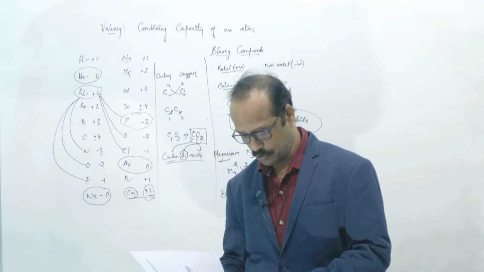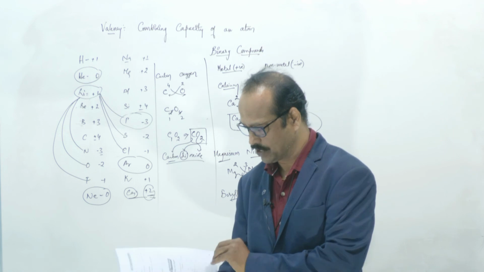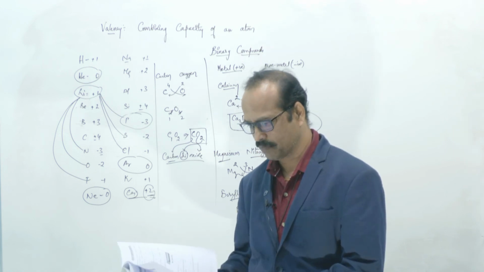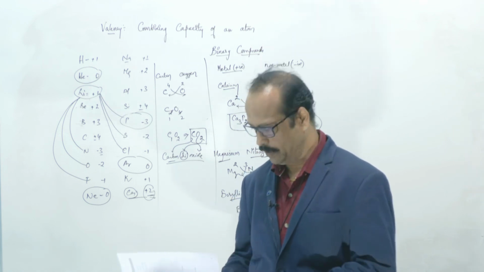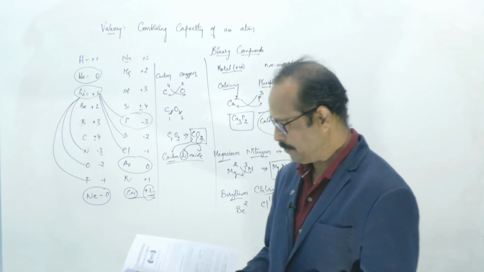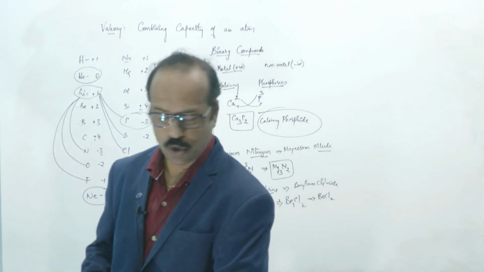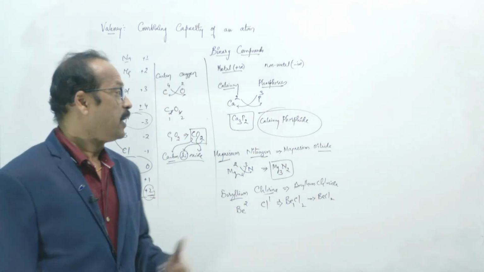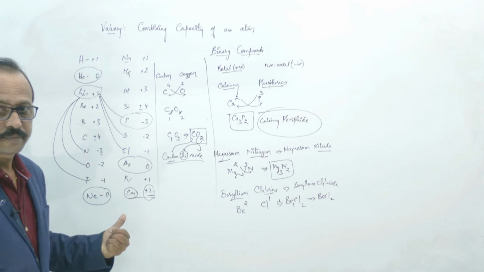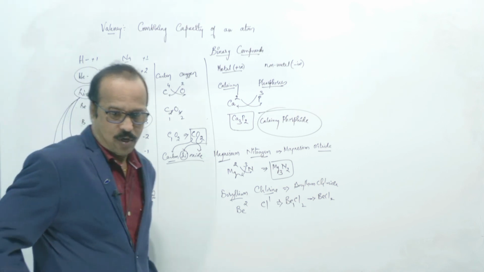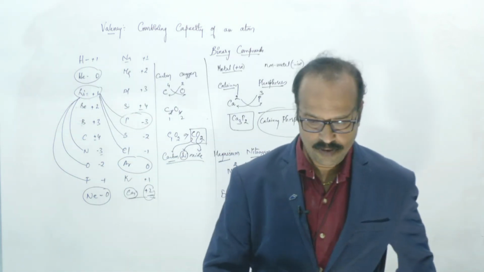In the next class we are going to solve this practice sheet, and then we go to synopsis 4. Okay, any doubts? Okay then, with this we stop our class.